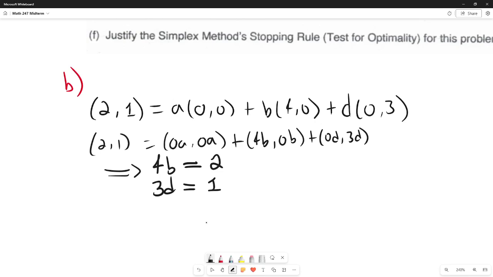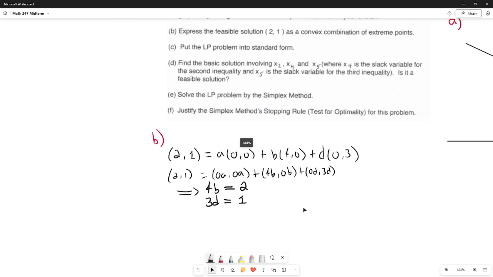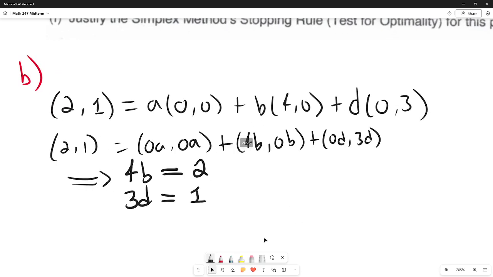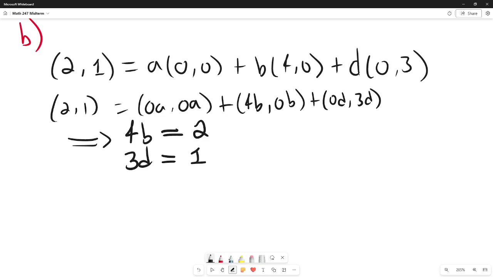Okay. And then also, whenever you are finding the convex combination of extreme points, you also have to note that the summation of these variables A, B, and D must be equal to 1. So we're also going to write A plus B plus D is equal to 1.